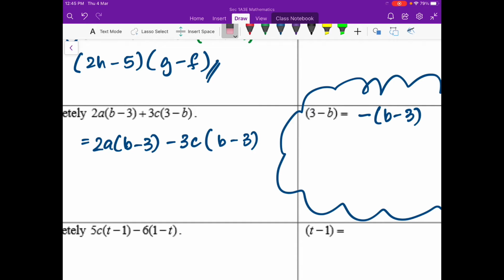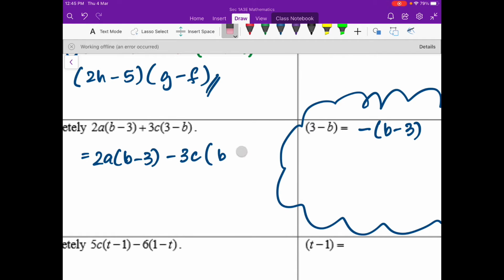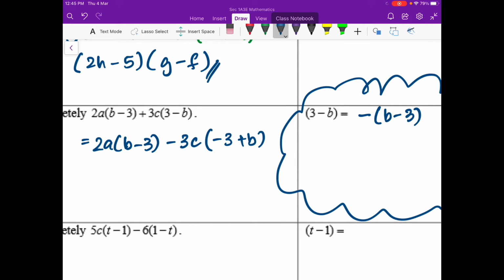Okay, when I say the sign is changed, I actually mean negative 3 plus b. We switch the sign, positive 3 becomes negative 3, negative b becomes positive b. But writing it this way doesn't exactly look the same, but they are mathematically the same. So instead of negative 3 plus b, I choose to write b minus 3, so that visually they are literally the same.